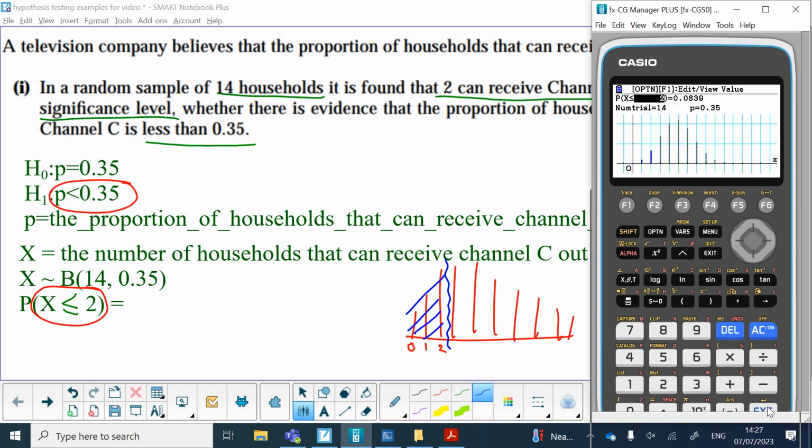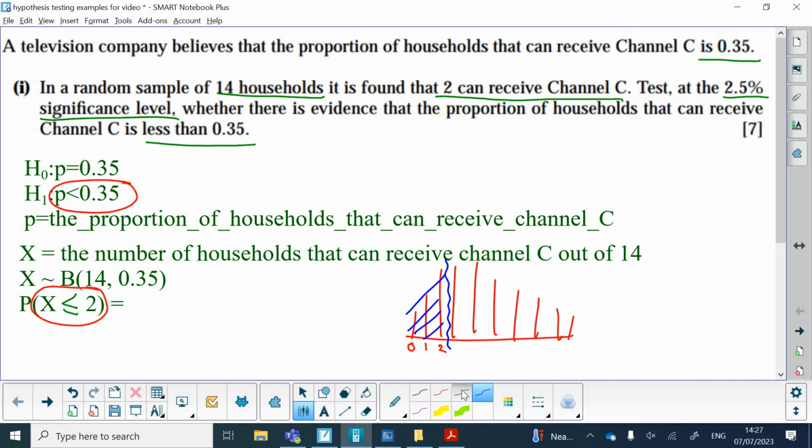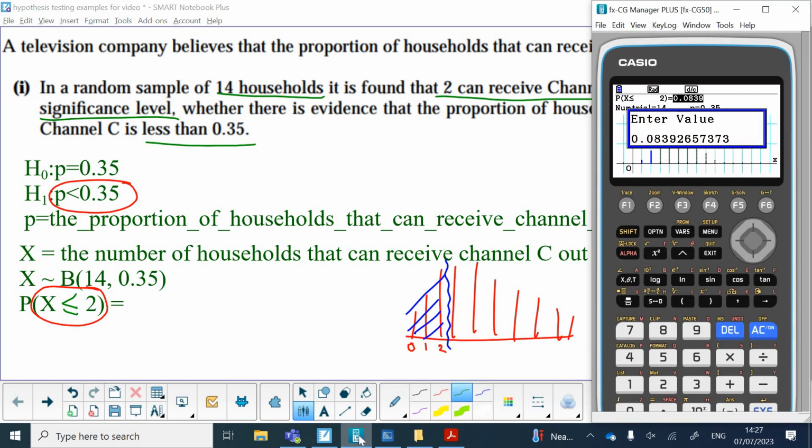Let's have a look at the picture. It's drawn this that we've drawn on here as well, and we can see this is our probability. I'm going to press options F1, because then I can just check that it's rounded correctly. So the probability we've got was, oh, I've just forgotten it, 0.0839.